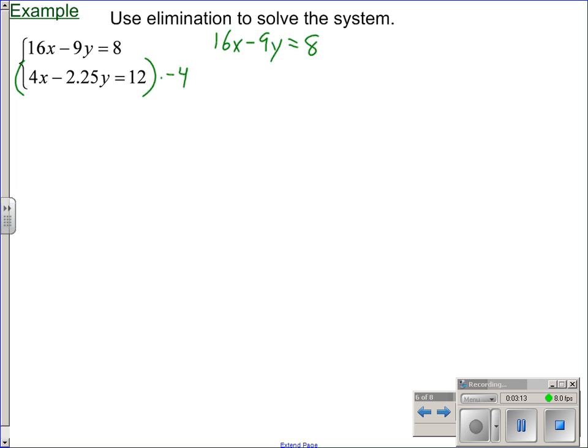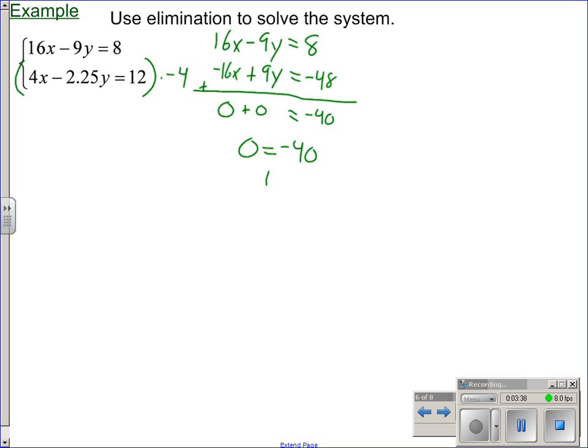The bottom equation has become -16x plus 2 1/4 times 4 is 9y equals -48. So when I add these equations up, x's go to 0, y's go to 0, equals -40. We have 0 equals -40. That's a false statement.